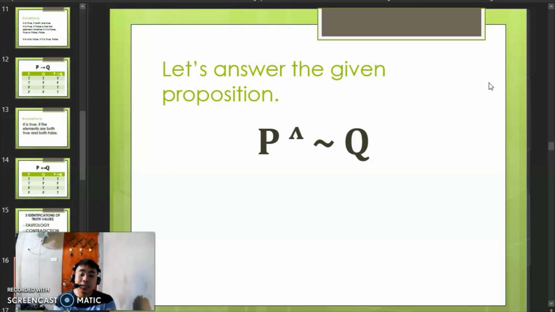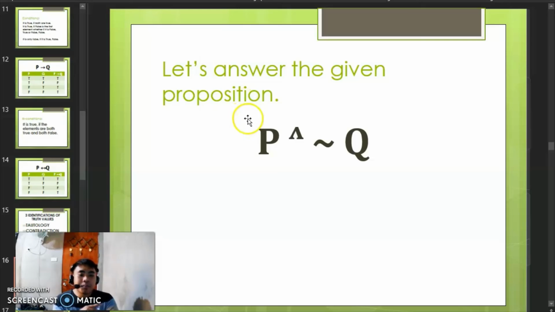We have P, then yung ating inverted V, which is AND, then negation Q. At this point, ang ginamit po nating logical connective ay AND at negation. Yun nga lang, ang negation po natin ay nasa Q. So, kukunin po natin yung negation ni Q sa ating element.